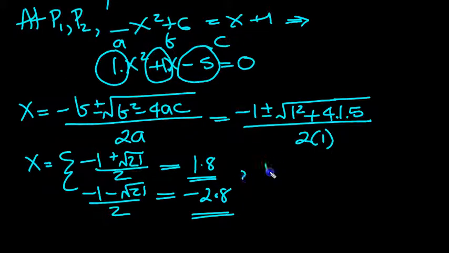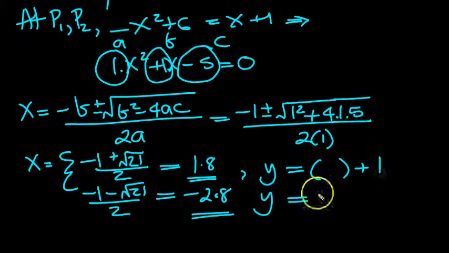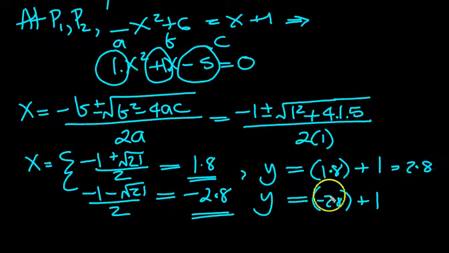And then we can get the y values, can't we? So we've got 1.8 and minus 2.8, and x plus 1 was the straight line, wasn't it? So I can just put x plus 1 was a straight line. This is 1.8, and this is minus 2.8. 1.8 plus 1 is 2.8, and minus 2.8 plus 1 is minus 1.8.